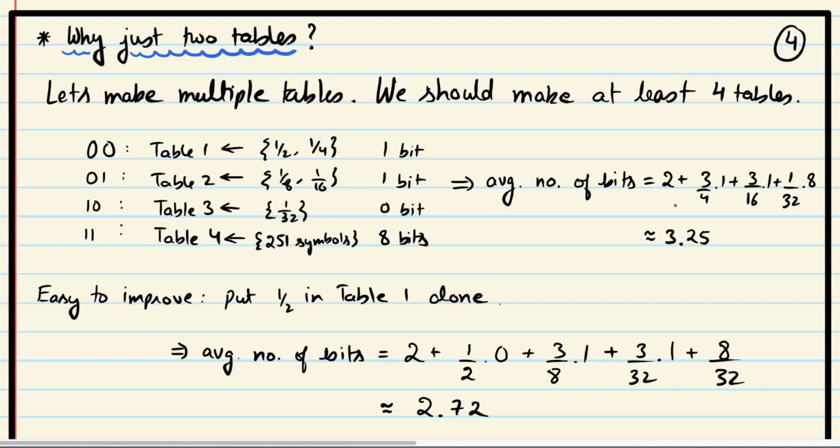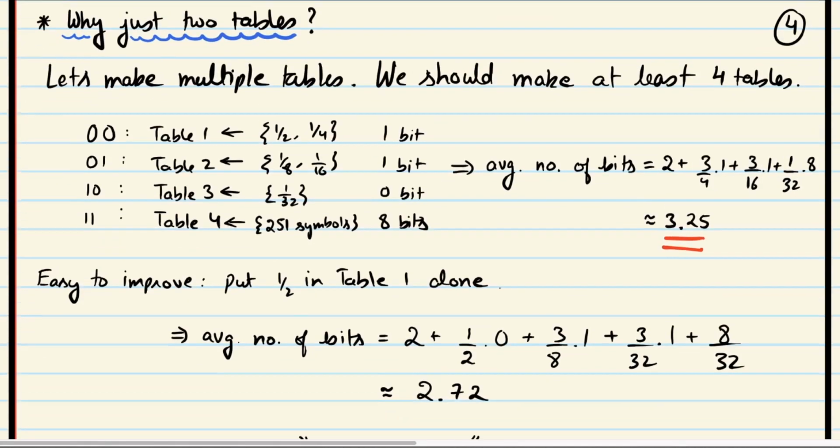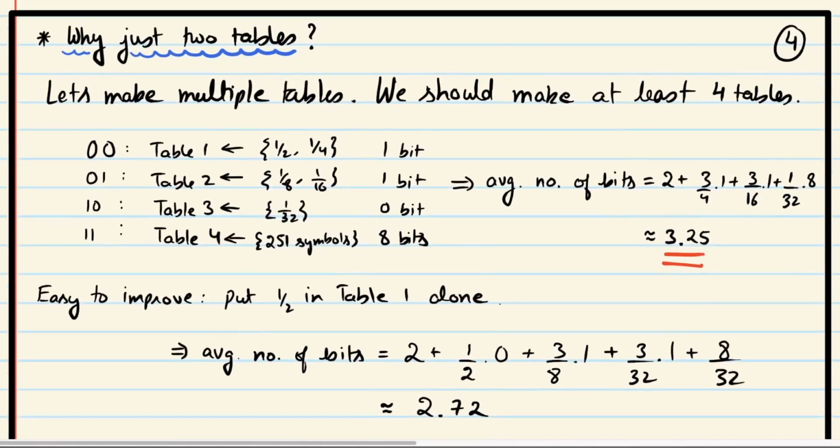All right. So 2 bits per symbol are now required for sure, plus extra based on which table you are in. So if you do this calculation, you can check that the average number of bits now comes out to be 3.25. So still worse than our 2.44, but 3.25, which is not bad. Okay, but this can be improved easily.